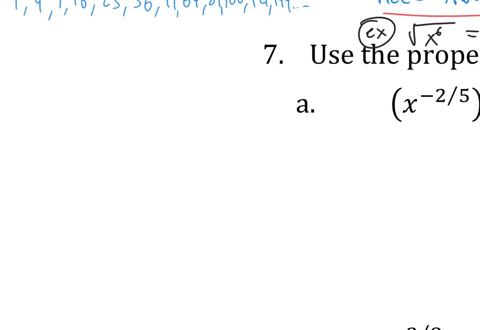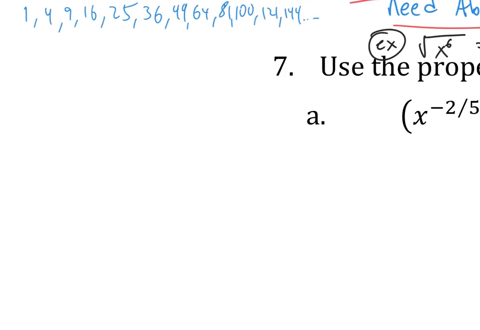If I have x to the a times x to the b, we add those exponents. This is going to be x to the a plus b. Here, let me do this with numbers instead. That might be easier. Let's say 6 and 2.